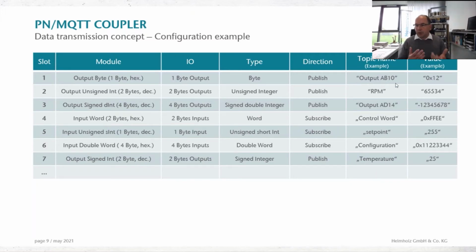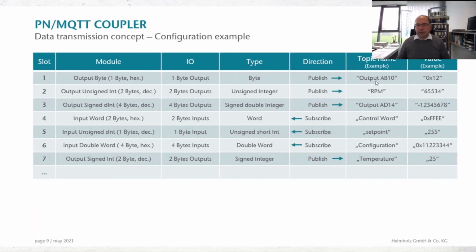So somehow on the MQTT side, you know what data it is, and then the value will be shown as hexadecimal. Or you have an unsigned integer in decimal, so you get a value like 65534. Or you have a signed double int, 4 bytes decimal, for example, a bigger one. You also can have float, you can have bits, and this is for output, and you also have input.